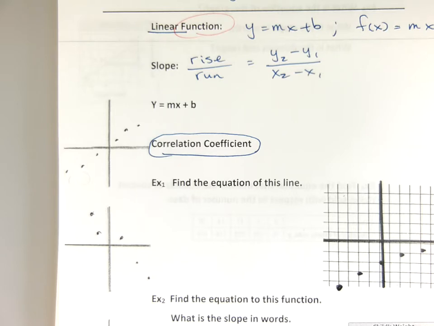Now, does that make any sense? No. If I took an IQ test and measured something, would I have any correlation? No, of course not. The graph would be all over the place because there's no correlation between height and intelligence. You guys agree with that?